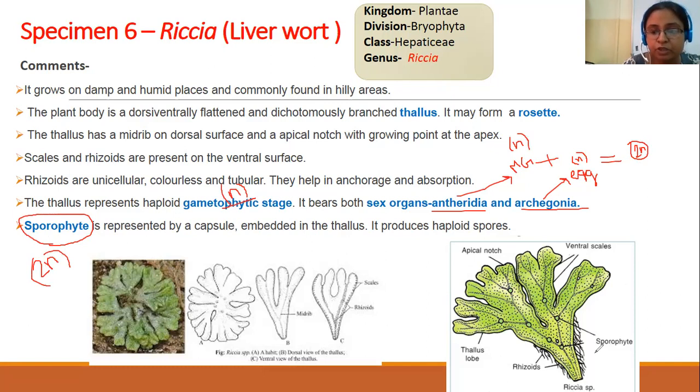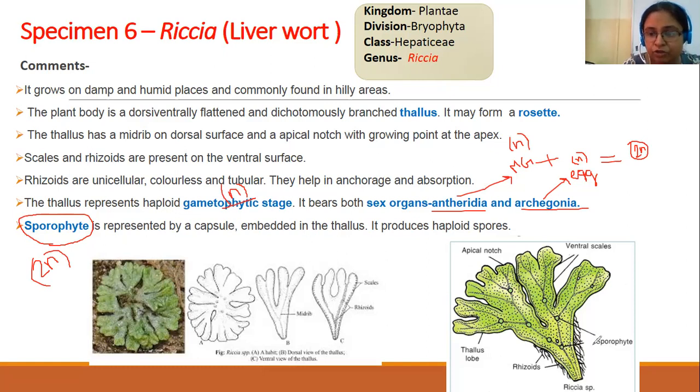Now, see, the sporophyte of this Riccia is not very well developed. It is very small and inconspicuous. You cannot identify it. It is simply represented by these capsules. Here you can see green dots are there. These are the capsules which remain embedded in the thallus.